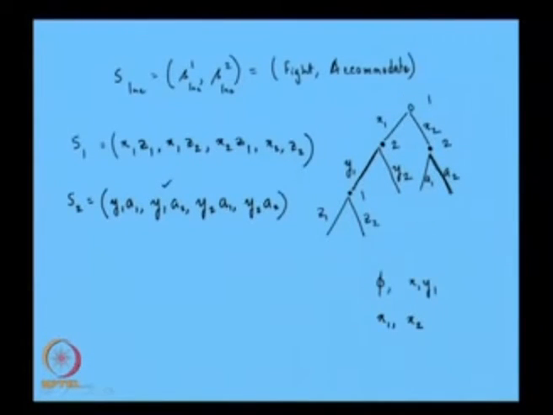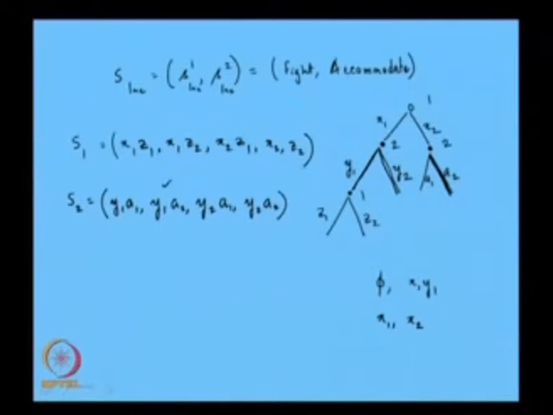So, this is his strategy. Similarly for other strategies, for example, y2 a2, here he is saying that if player 1 is taking the action x1, I will take the action y2. If player 1 takes the action x2, I shall take the action a2.